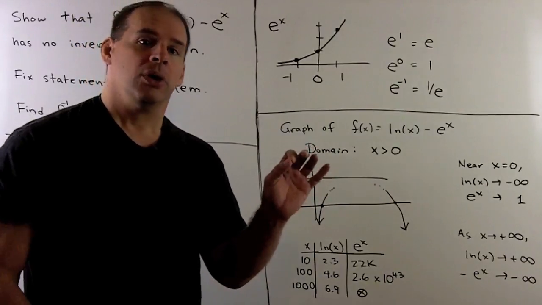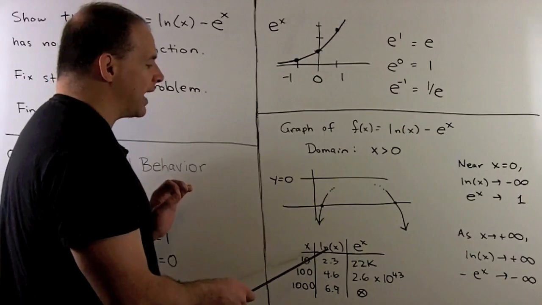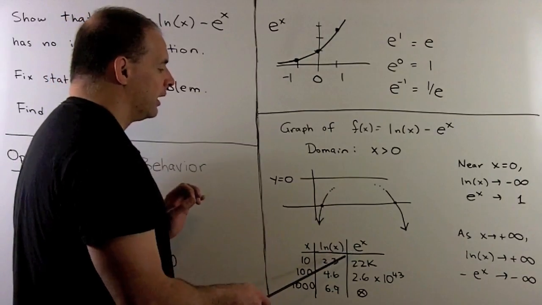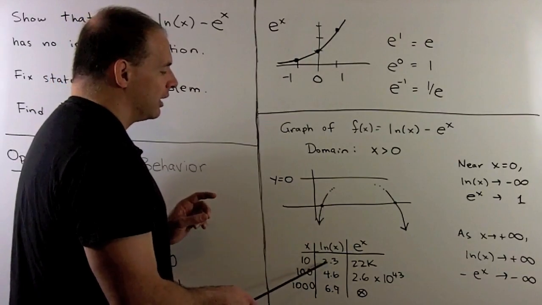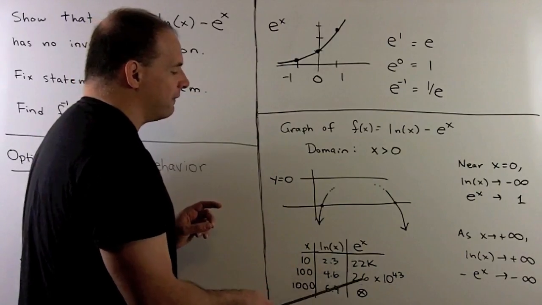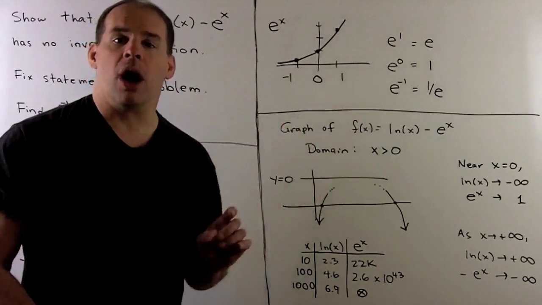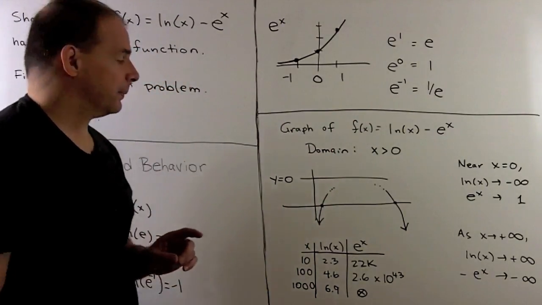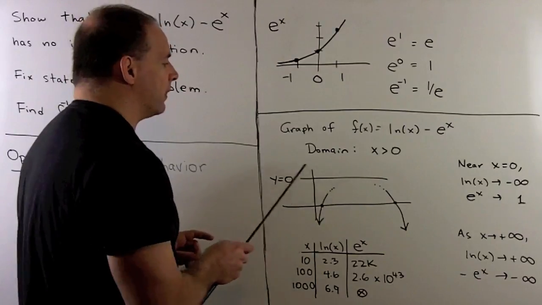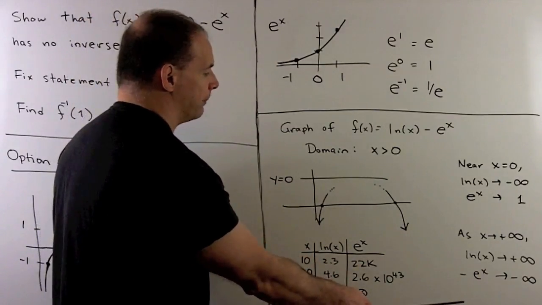Now, if we take a look at values as we let x get large for natural log of x and e to the x, we note natural log gets to plus infinity very slowly. E to the x gets there very fast. So I take the difference, and our limit is going to go off to minus infinity. So as we go out this way, we're going to have something that's pointing downwards.